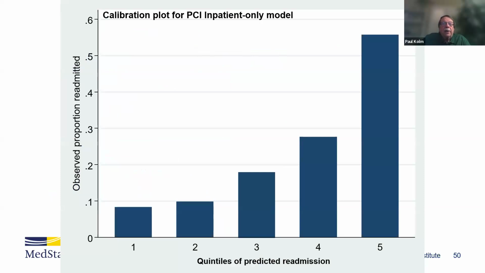we did a bar graph here of the predicted readmission versus the observed proportion readmitted for each of the quintiles. And so you can see that it's pretty good here in terms of the calibration, that our predicted probabilities are pretty close to our observed probabilities.